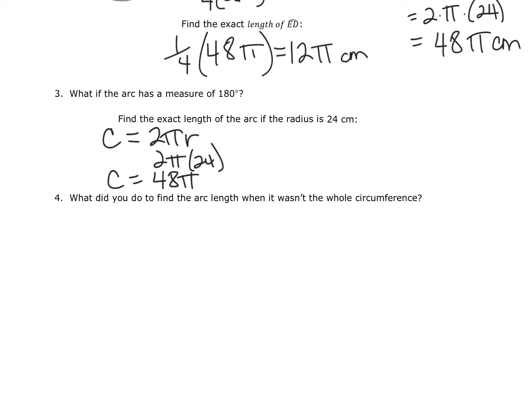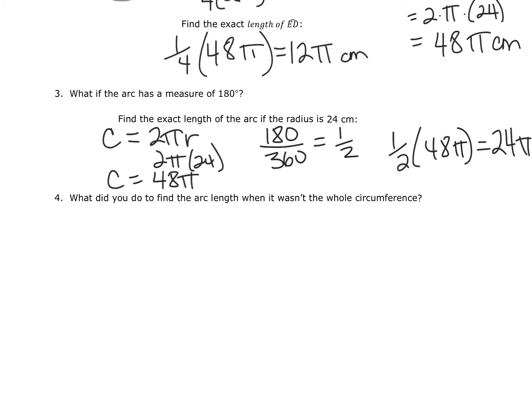We want to know our arc is 180 degrees out of how many? Well, 360 is the whole thing. So this reduces to 1/2. But even if it didn't, we could still multiply 180 over 360 times 48 pi, because it's the same thing as multiplying 1/2 by the 48 pi, the circumference. And we get 24 pi centimeters.